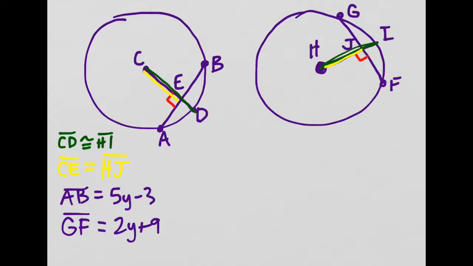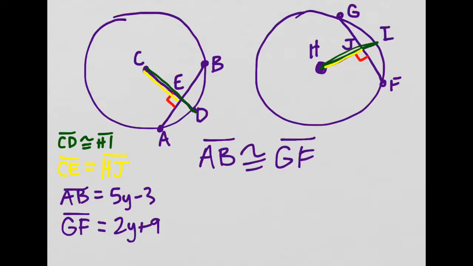Right now we know that they're equidistant from the center. If CE and HJ are equal, this is the same distance from the center. So now I can assume that the chords are congruent, so AB is congruent to GF.